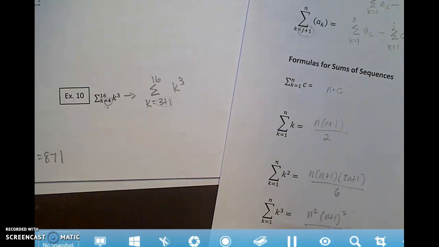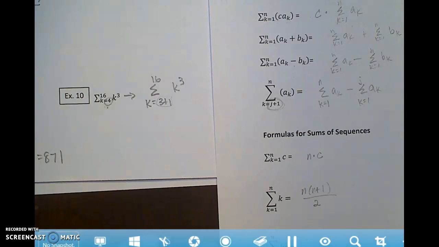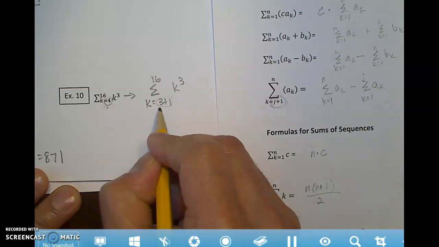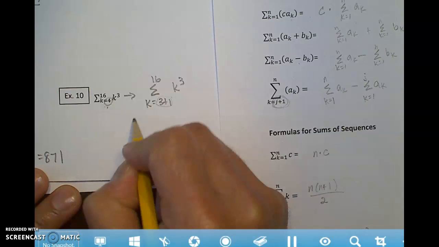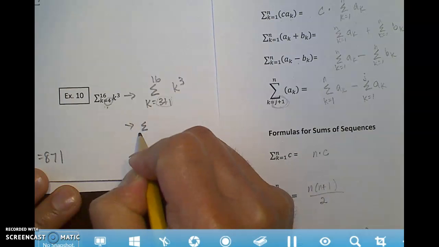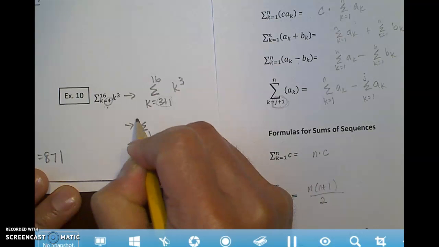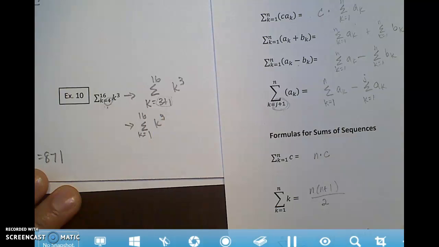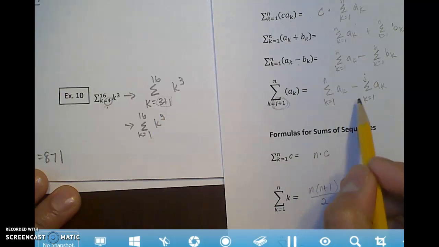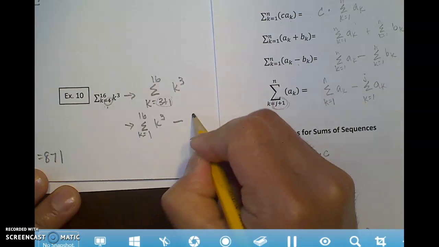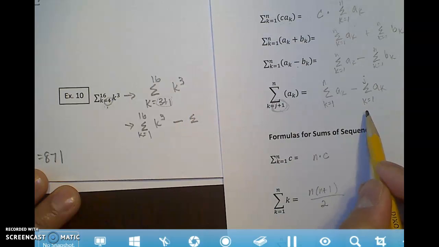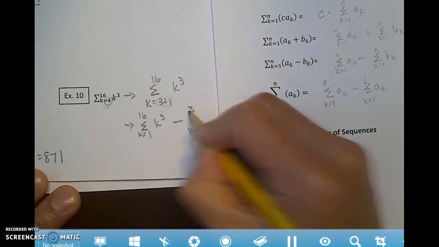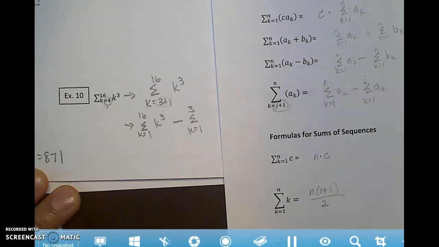Alright, so using this formula, I'm going to rewrite this summation as the sum of k equals 1 to 16 of k cubed, minus the sum from the first term to that j variable value.